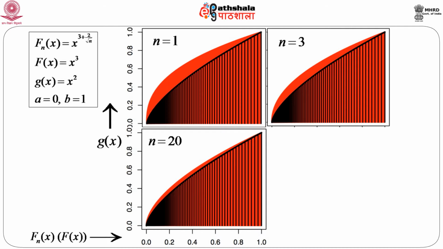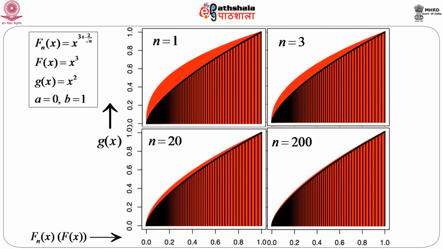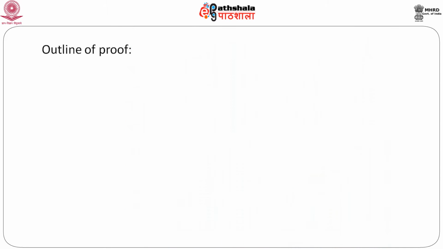So, this only red area, which is not shaded by black, starts converging towards the black region, and when n equals 200, it almost converges to the black. If you increase n further, you will not be able to distinguish between these two areas. So, that gives us a nice pictorial representation of this convergence, or rather the demonstration of Helly's theorem.